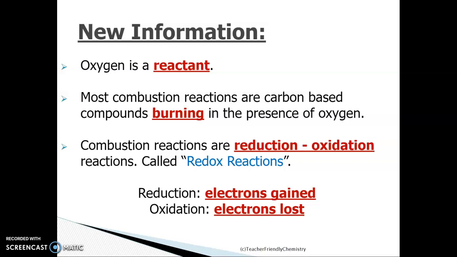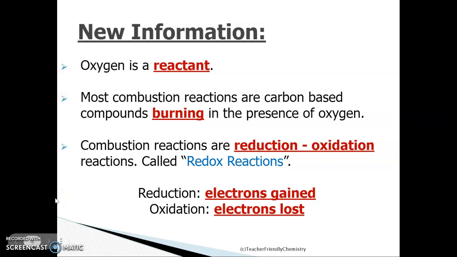Remember, oxygen is one of those diatomic molecules. It always exists together with itself or bonded to another atom. So oxygen, O2, will always be on the left-hand side of the equation. And then the products are always going to be carbon dioxide and water.